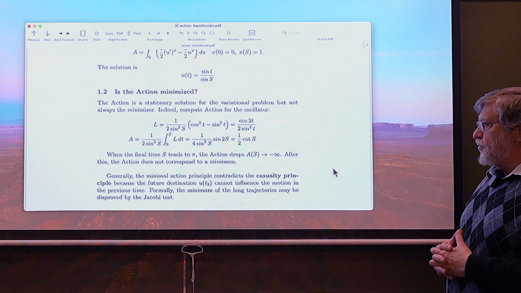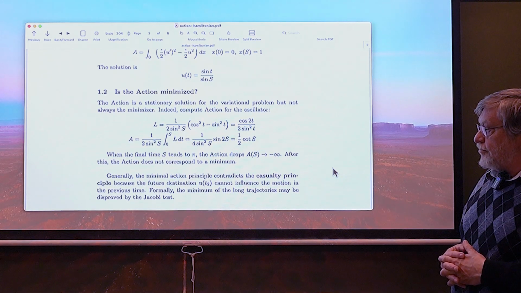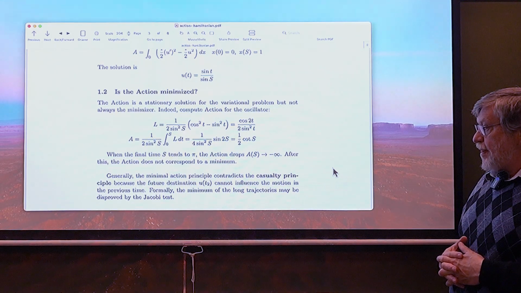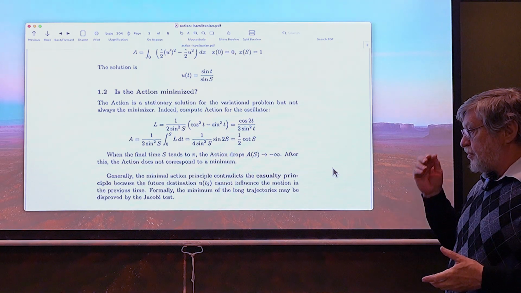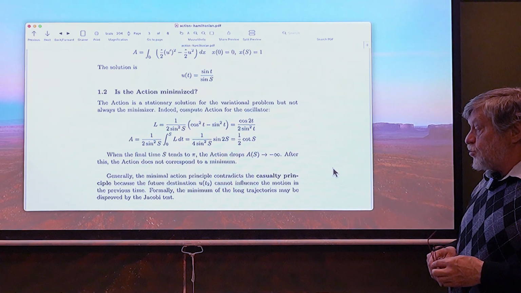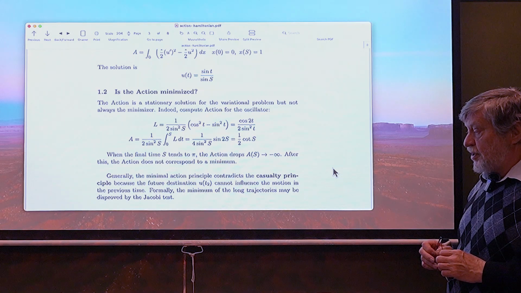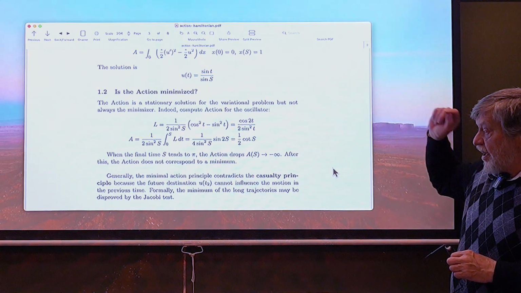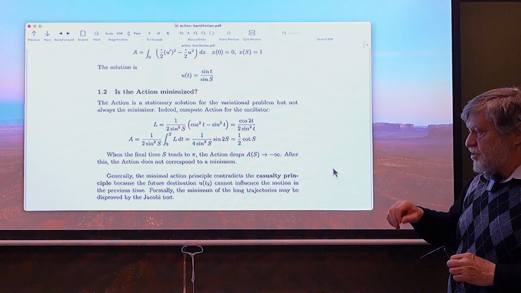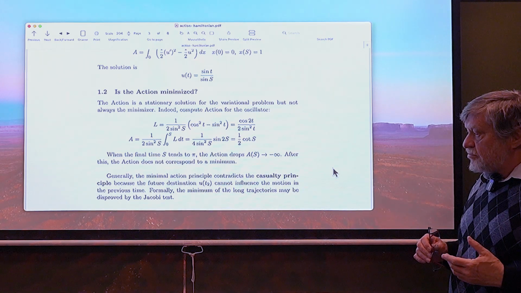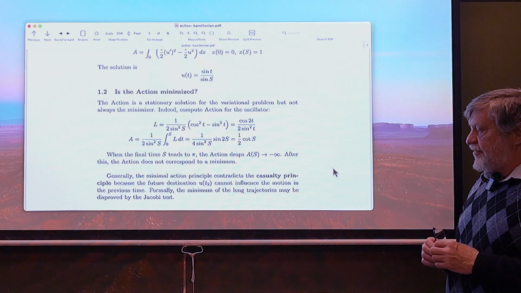The idea that action is not always minimized is actually deeper. The minimal action principle would contradict the causality principle, because the future destination cannot influence the motion at a previous time. So the future cannot affect the past.